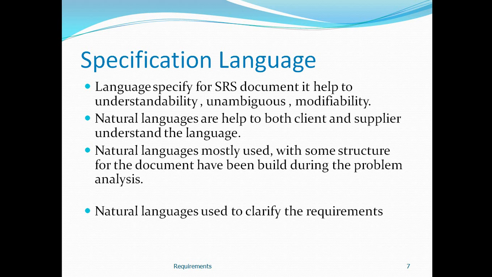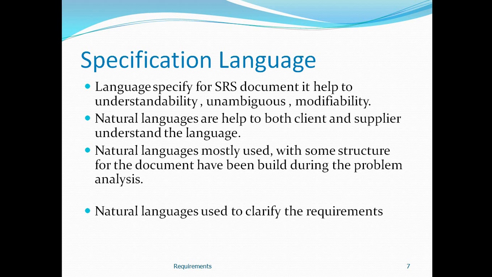The second point, natural language helps both client and supplier understand. So that language we have to choose. The developer and the analyst have to choose a language that the user can easily understand. Natural language is mostly used, with some structure for the document built during the problem analysis.